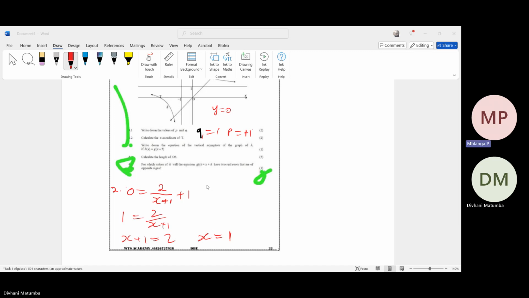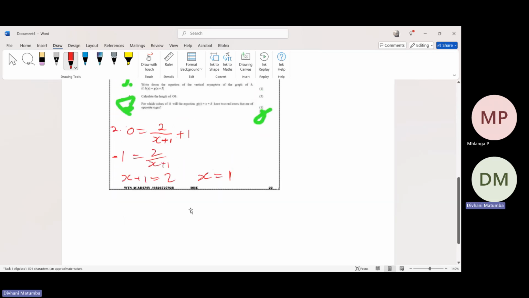Oh, it's minus 1. You forgot, if you move the positive 1, it's minus 1 on the other side. Yes, you're right, something didn't add up. So we're going to have minus x minus 1.